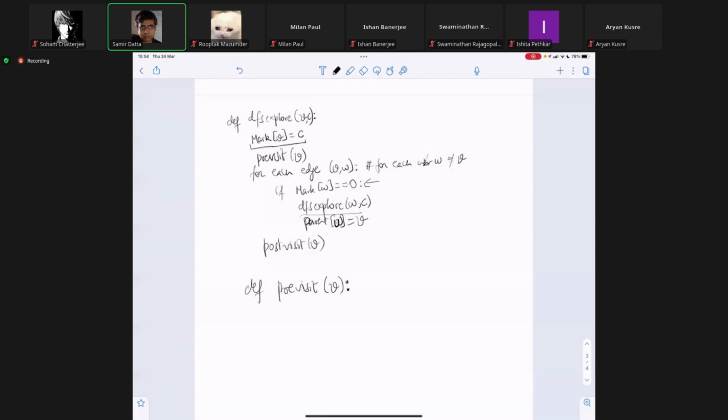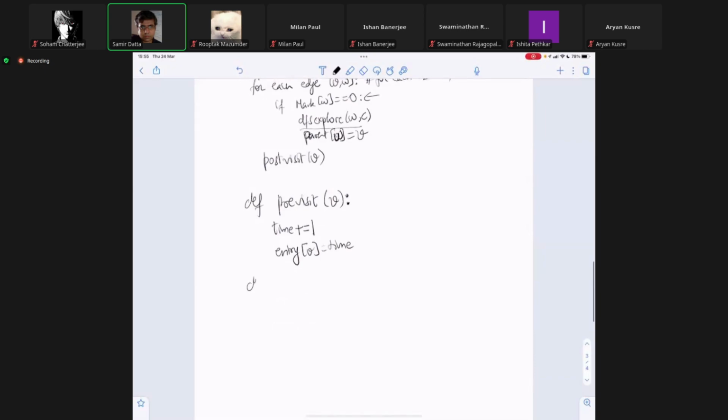So pre-visit just does the following. It has a global counter. So time plus equal to 1, and then you say entry V is equal to time.